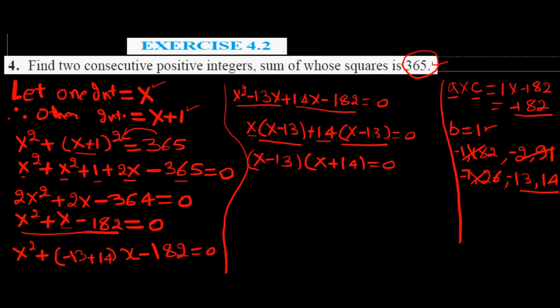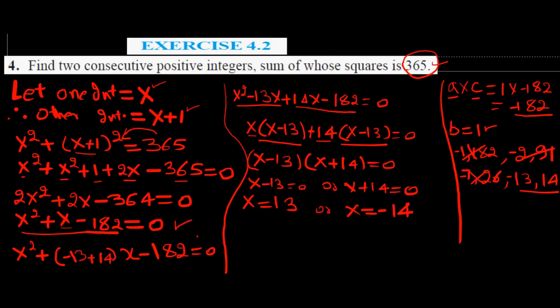Now to find the roots of this quadratic equation, I have to equate both these factors to 0. So x minus 13 is equal to 0 or x plus 14 is equal to 0. So from here x is equal to plus 13 is the root, and from here x is equal to minus 14 is the root of this quadratic equation.